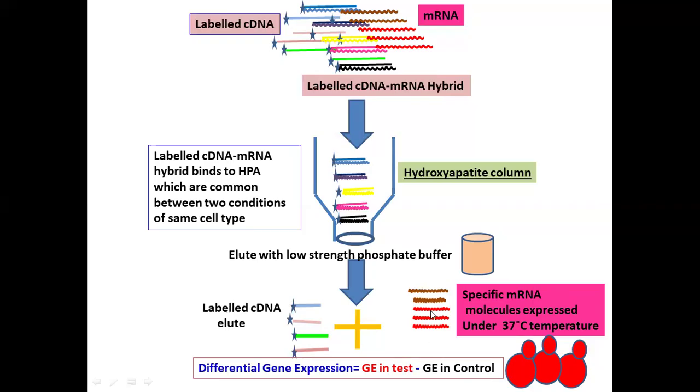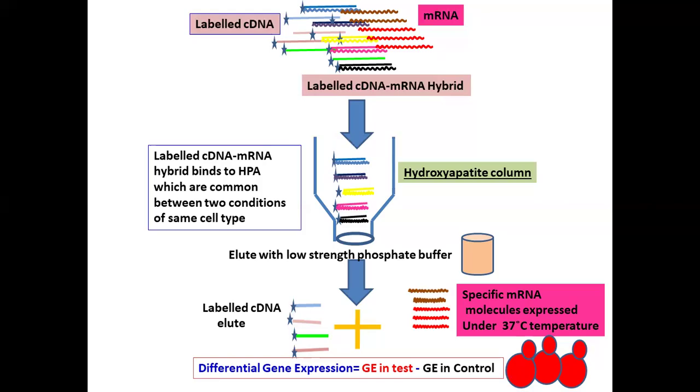Then whatever is remaining is very specific to that particular condition. So by using subtractive hybridization, we use the hybridization technique to remove the genes which are common in the two conditions, and the remaining unbound cDNA molecules as well as unbound mRNA molecules are specific to that particular condition.